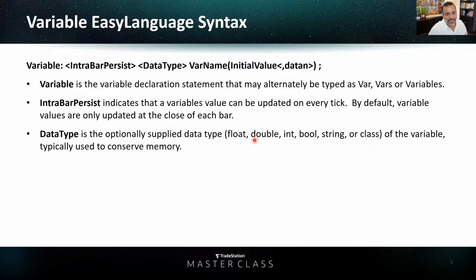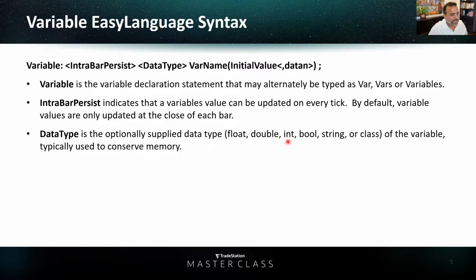Of course, this goes back to what we were talking about, the precision that you need for that particular variable. Now, I'm not really familiar with other data types like class or bool.